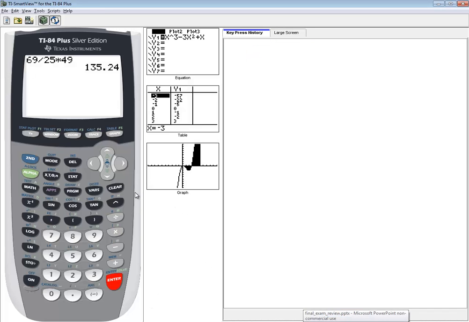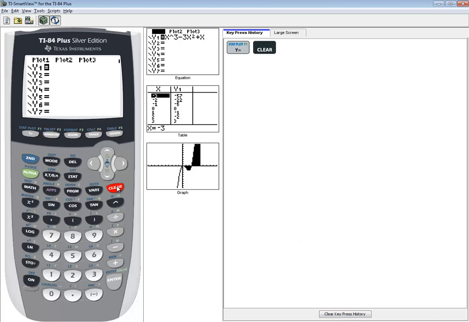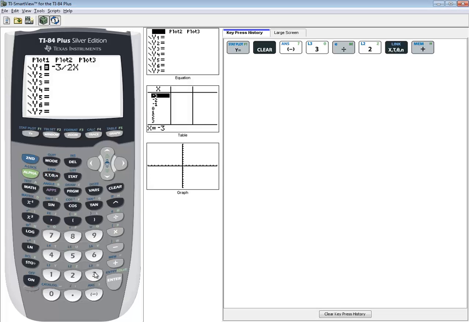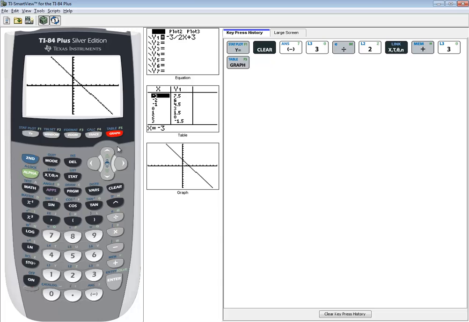So I'm going to clear everything out here as much as I can. There you go. I'm going to press my y equals to go in graph. Press clear, and then I want a negative. Negative's on the very bottom row here. 3 divided by 2 x plus 3. And then graph.